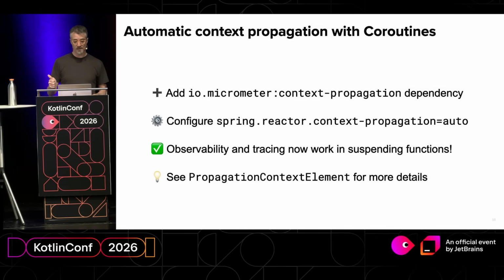But you just have to add the context propagation Micrometer dependency, configure this flag to auto, and then basically the coroutine context will be propagated automatically in the right way, and tracing and various things will work out of the box. If you want a more advanced use case, you can have a look at PropagationContextElement, which is basically the low-level class that we are using to implement that, and you can customize it.